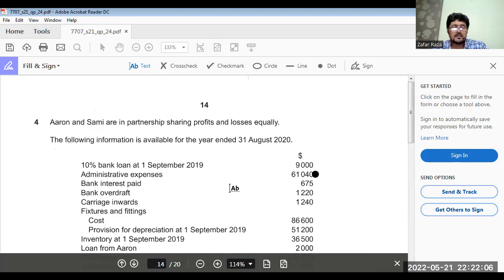Actually, we do not rely on bank interest paid. We rely on how much interest we have to pay. But it will come after profit from the operations, where we deduct financial charges. Right?